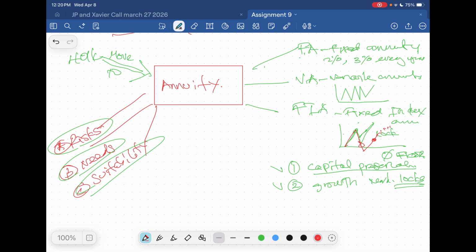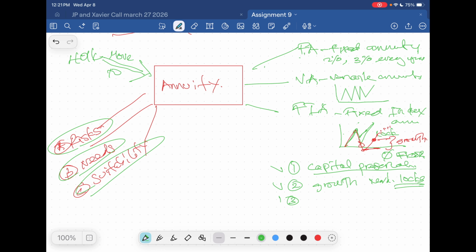Now, when the market starts going up, from here to here, the difference between this point and this point is called growth. Okay, very important, both with the market.